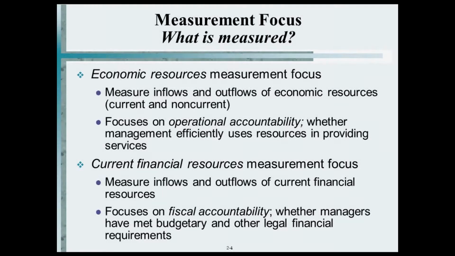But here we're talking about the two measurement focus. The first one being the economic resource model, and the second one being the financial resources model. And by now you should know what each one is, because this is basically a review. At this point, the economic resource model is what is used by companies, by for-profit businesses, right? It talks about operational accountability.